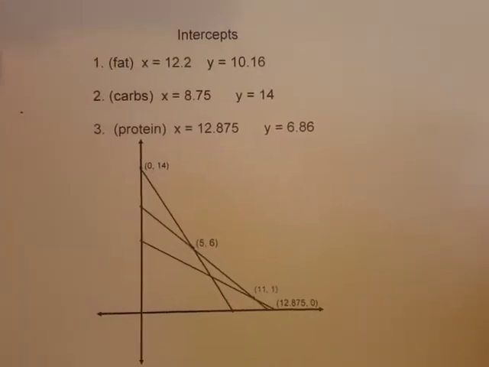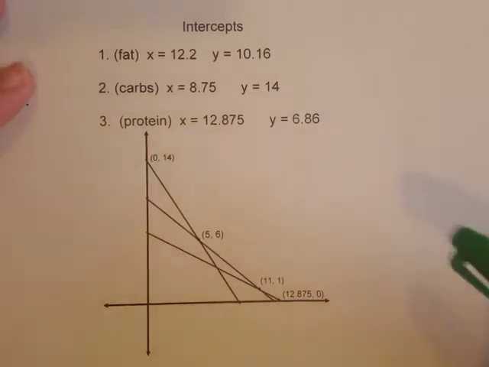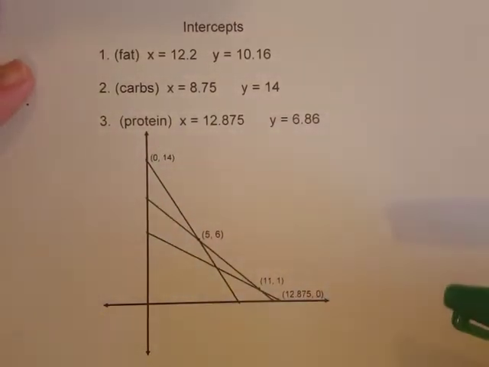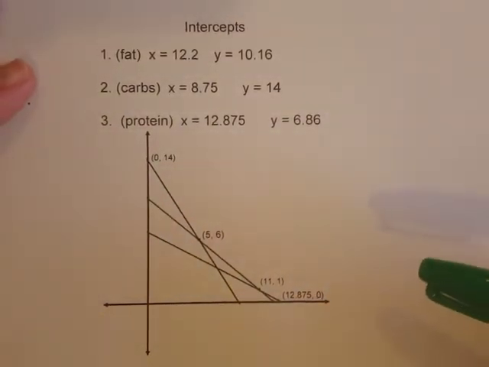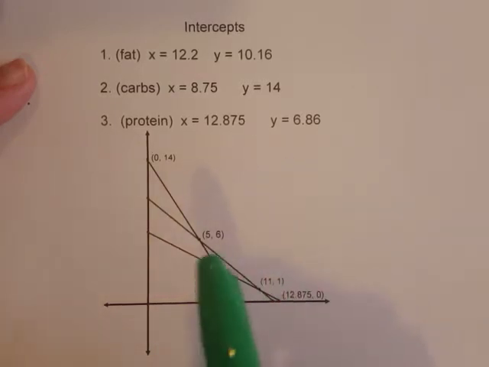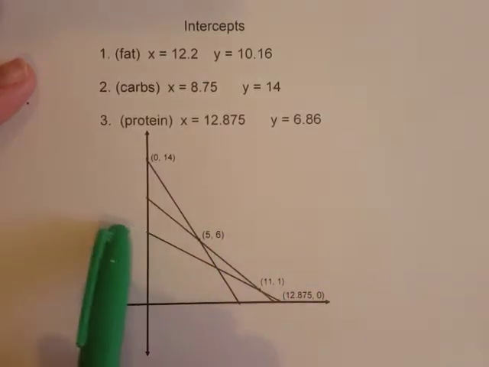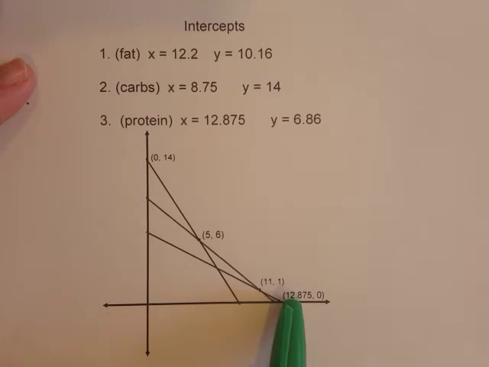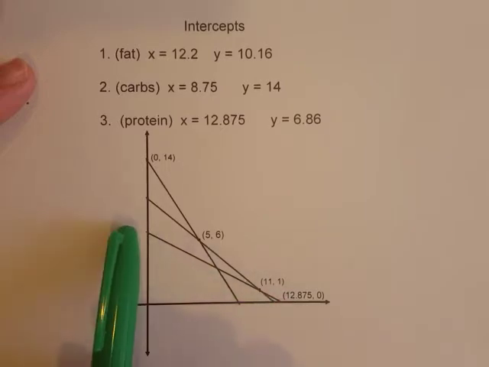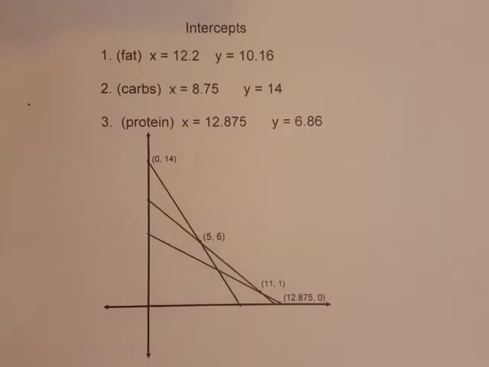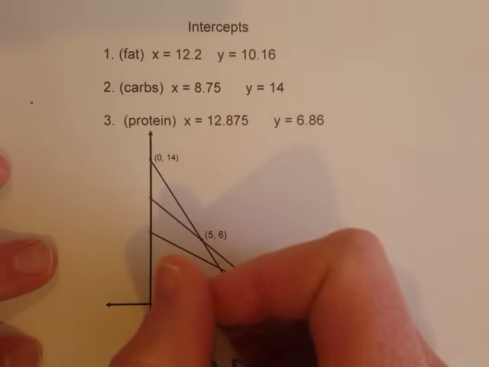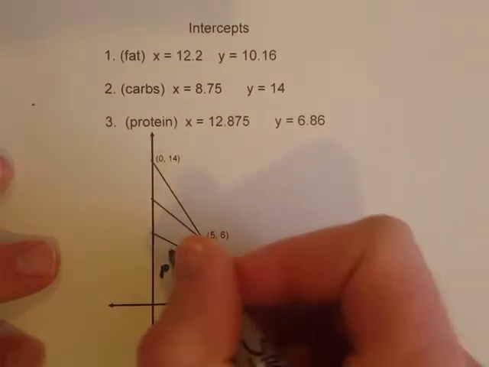So with this now, I've got all these lines in here. It's a little hard to see, but what you might notice is that this bottom line is going to be the 12.875 as the crossing over point here, and this is the 6.86. So this one is protein right there.